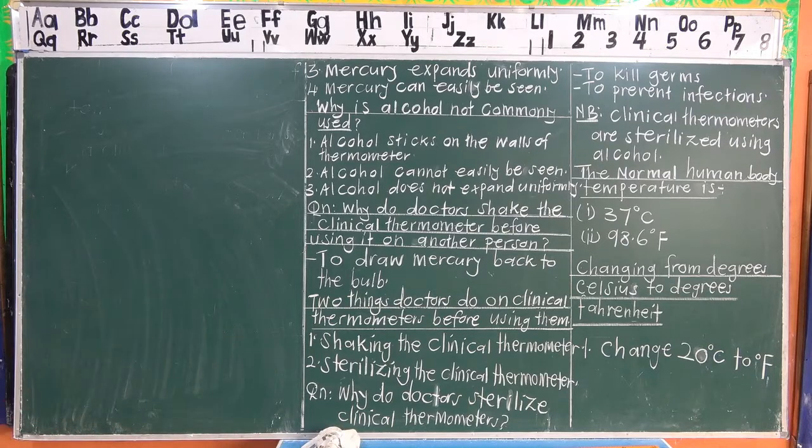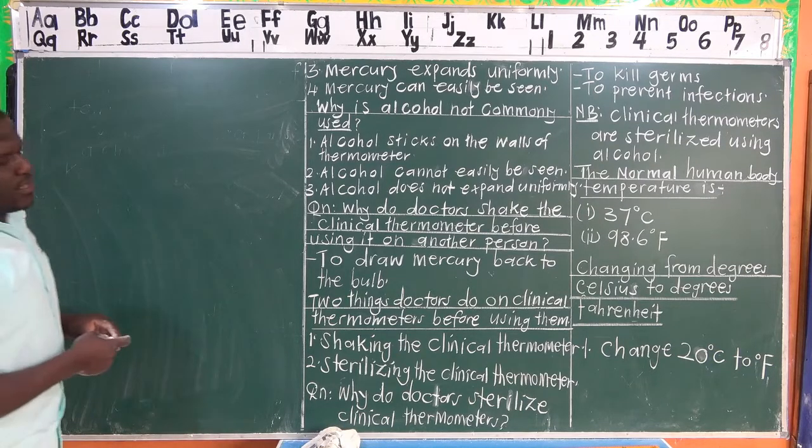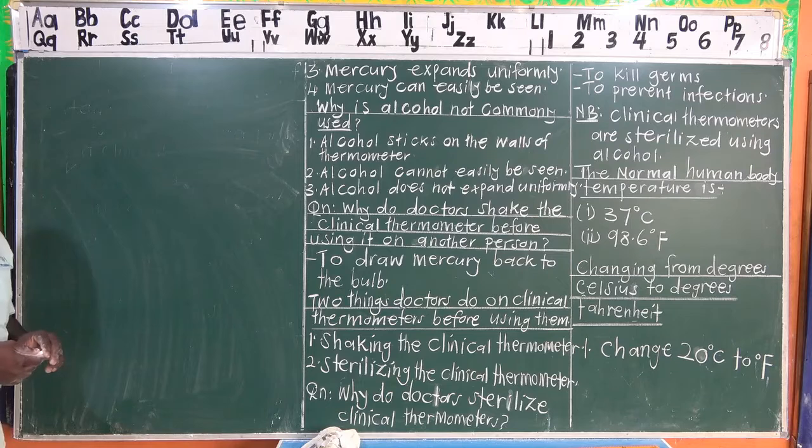If we are changing 20 degrees Celsius to degrees Fahrenheit, which formula are we going to use?